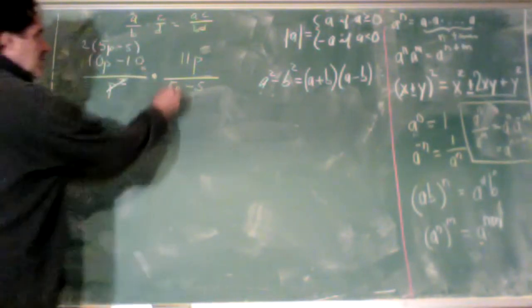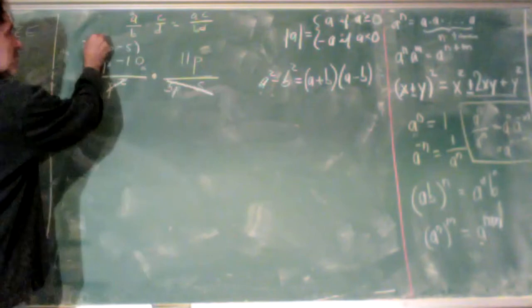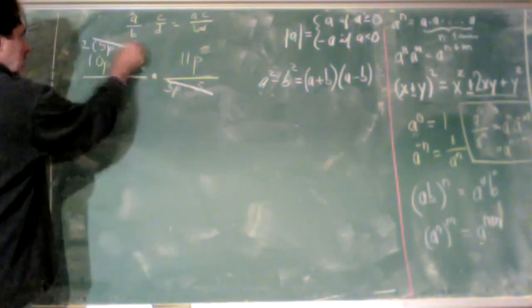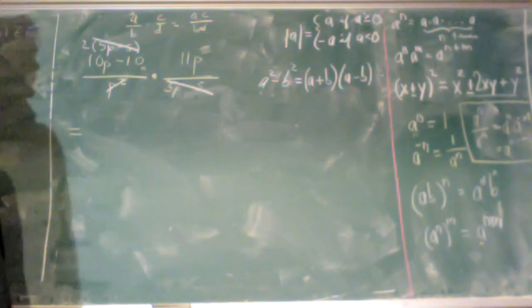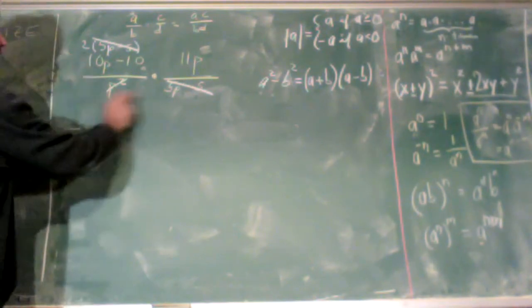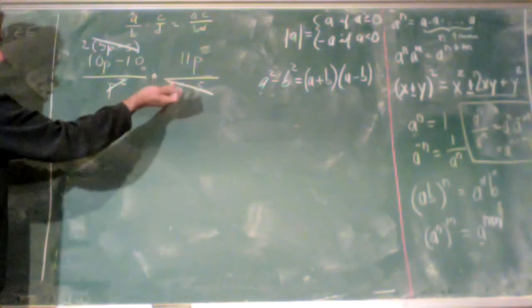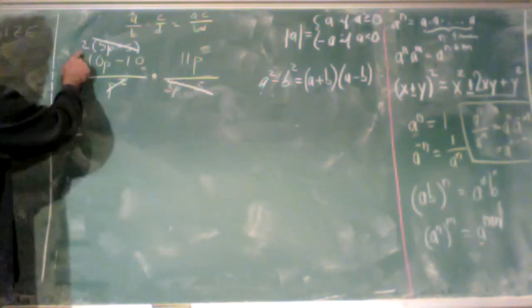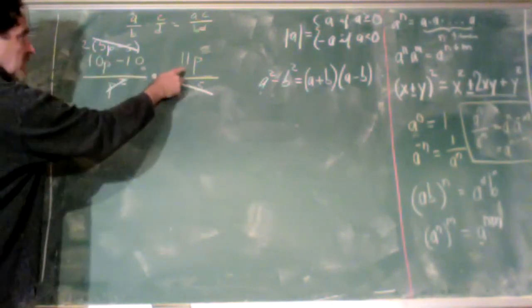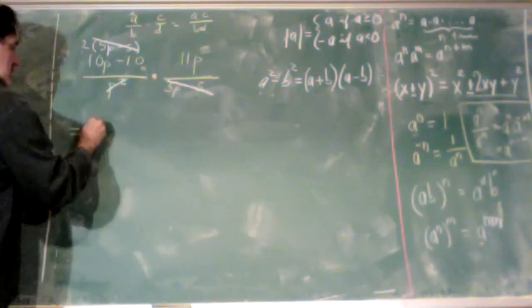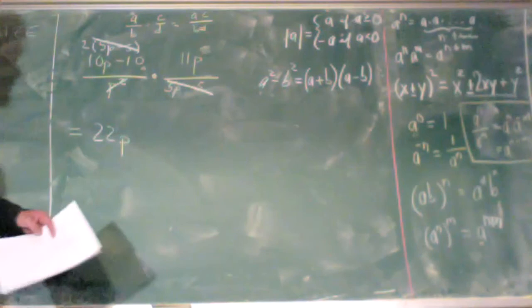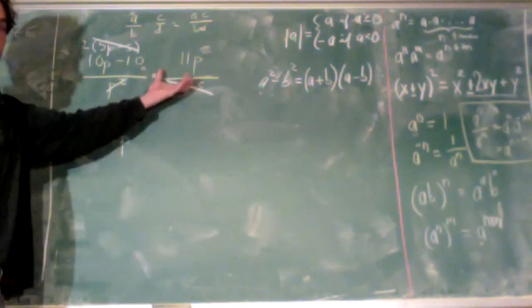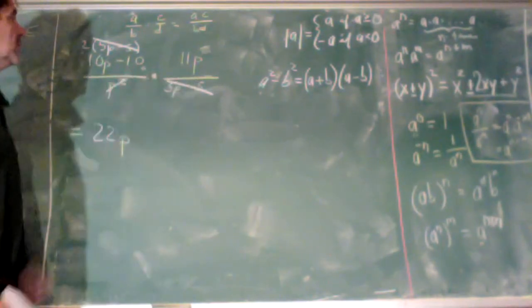If you recognize that, then 5p minus 5 cancels immediately with 5p minus 5 upstairs. What am I left with? Nothing in the denominator but 1, so we'll ignore it. In my numerator, I have 2 times 11 times p, which is 22p.